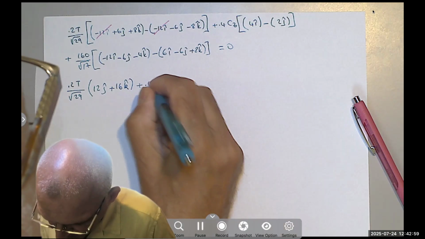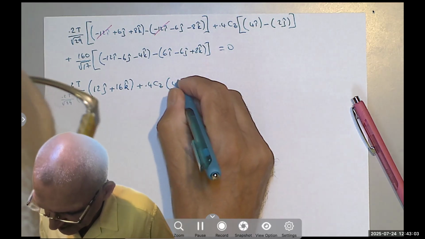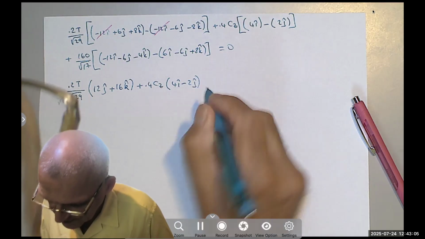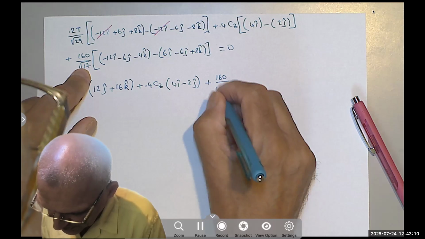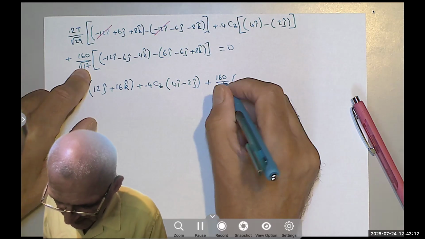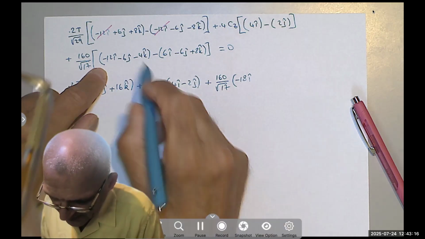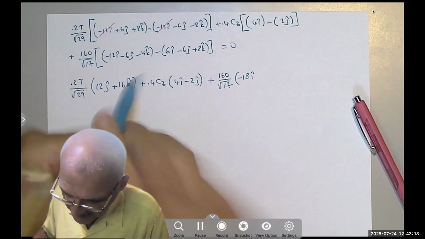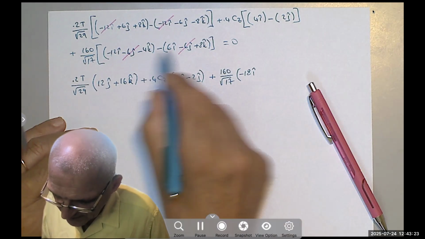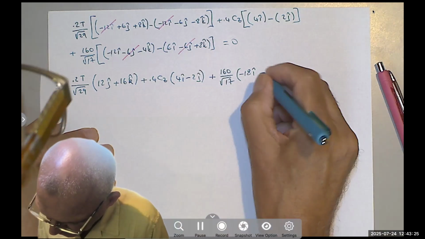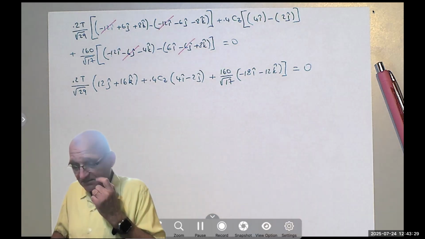Plus 0.4 cz times 4i minus 2j plus 160 over root 17 times -12 minus 6 is -18i. -6 minus -6, they cancel each other. -4 minus 8 is -12k equals 0.